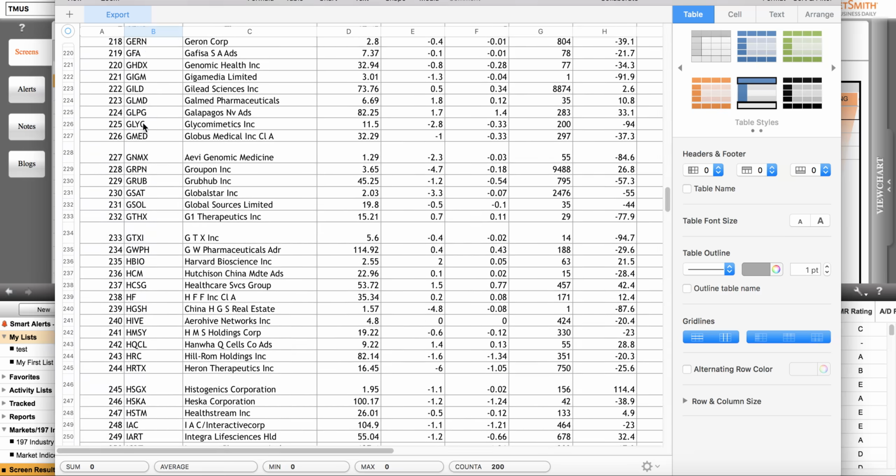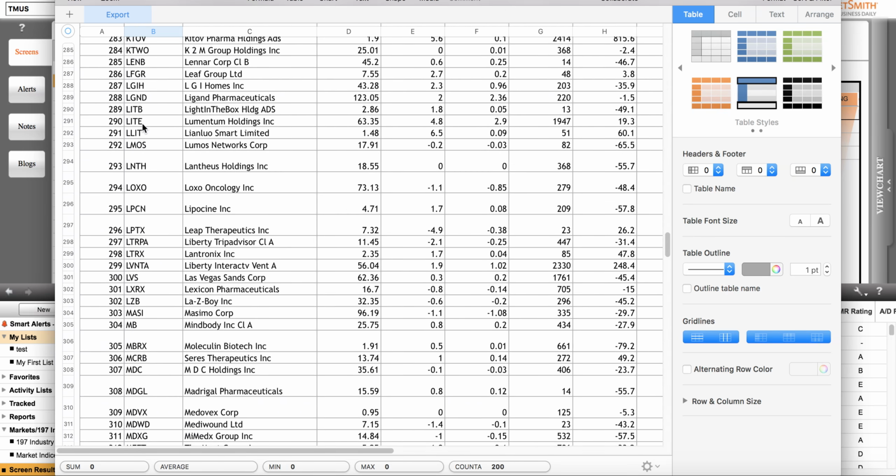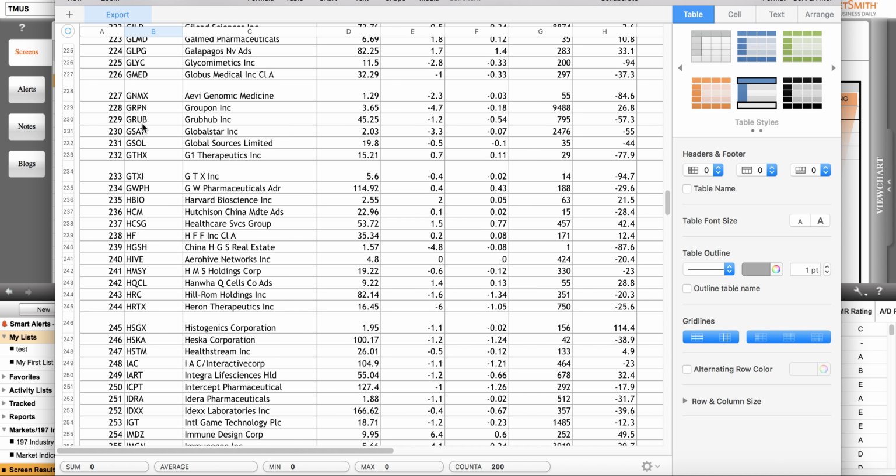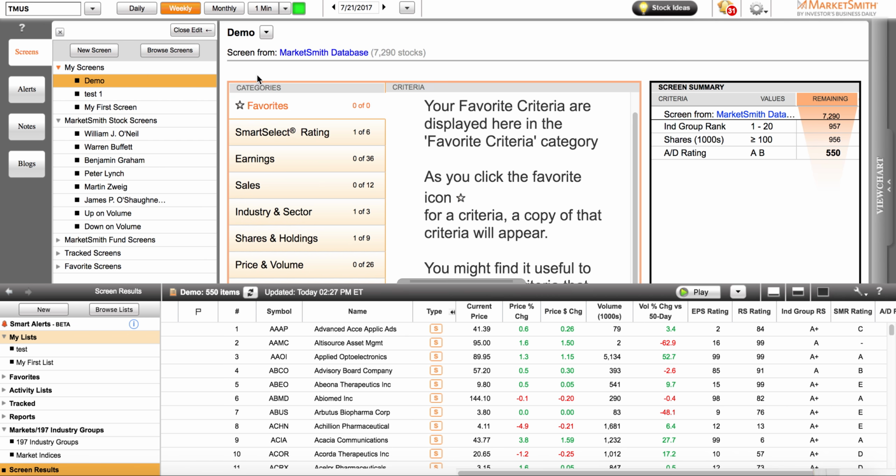So here are all the stocks that you're going to see. All the 550 stocks are going to be in the top 1 to 20 industry groups, which have about $100,000 in volume, and in terms of accumulation distribution is moderate buying or even aggressive buying. So that's pretty much it. That's one way I use it.